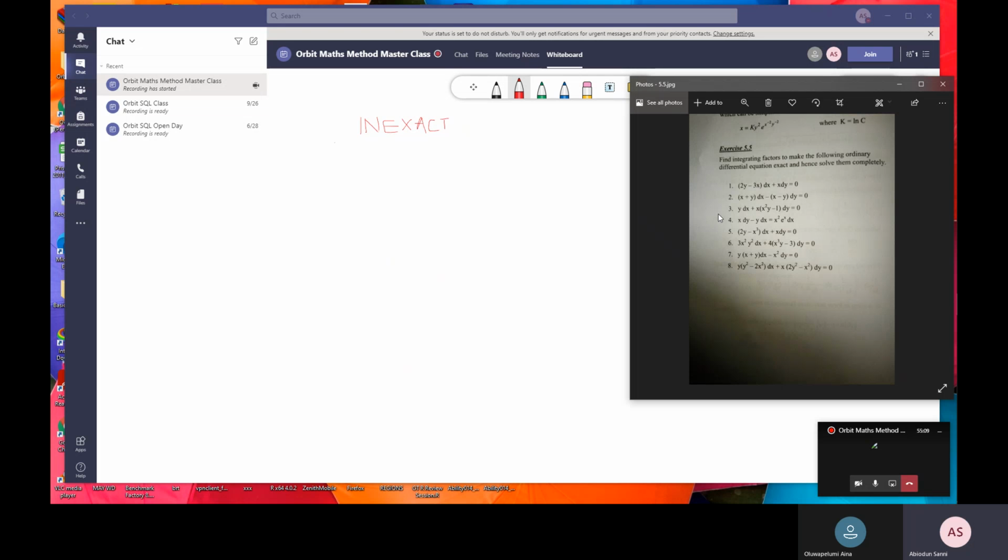Okay. So find integrating factors to make the following ordinary differential equation exact and hence solve them completely. There are two common ones, and I think two other ones. I can't really remember every one of them, but we're going to talk about it.